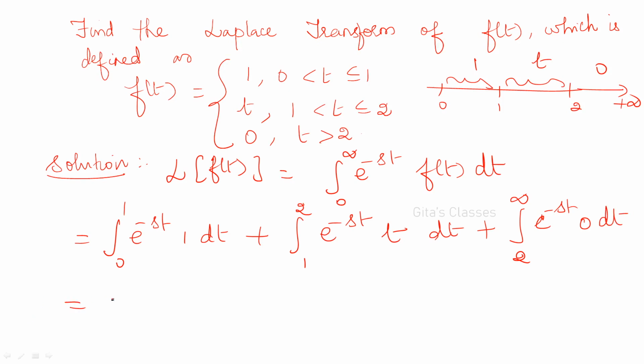So this is equal to integral 0 to 1 e^(-st) dt plus integral 1 to 2 t e^(-st) dt plus 0. Let us integrate that: e^(-st) by minus s from 0 to 1.